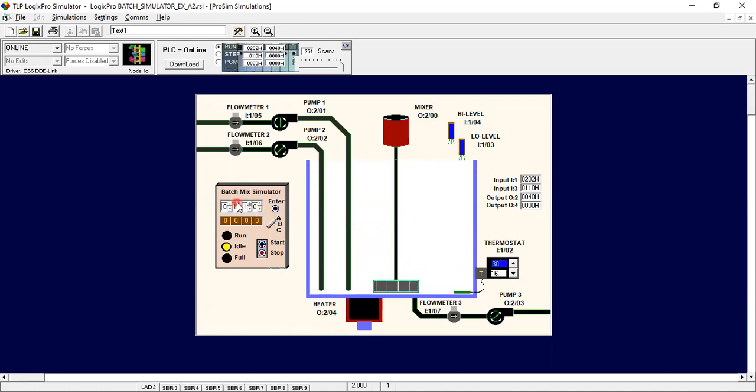And enter the start. It will fill, and your high level sensor senses the liquid when it reaches the high, and your low level sensor will sense the liquid when it reaches the bottom.